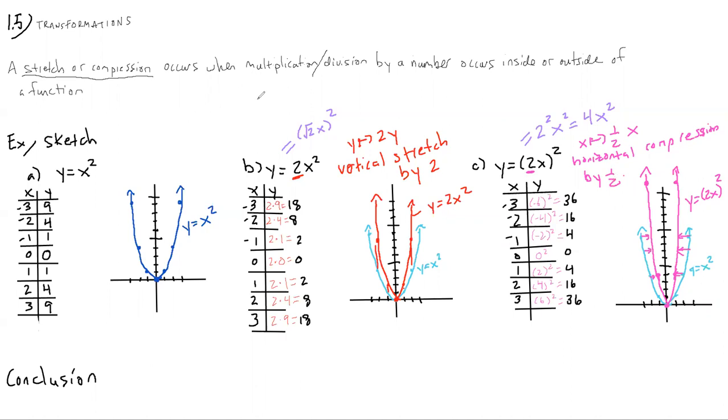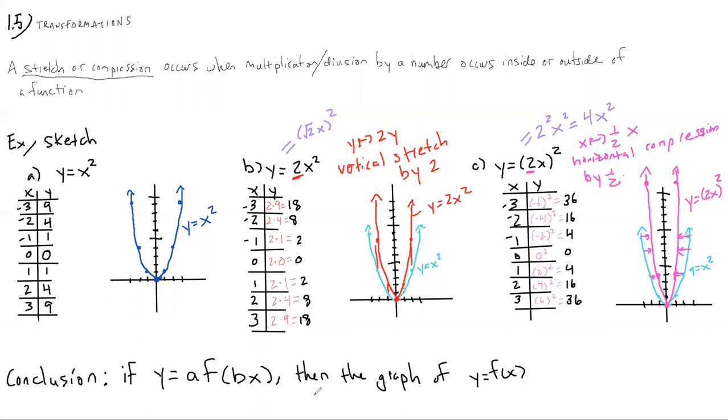So just a conclusion for these is if we have y equals, and I'll use the same letters that we typically see, a f of bx, then the graph of y equals f of x will be, or gets, let's say, vertically stretched by a.